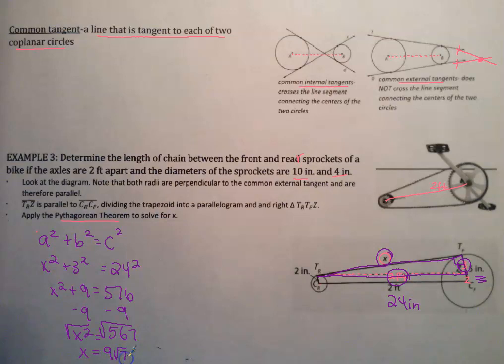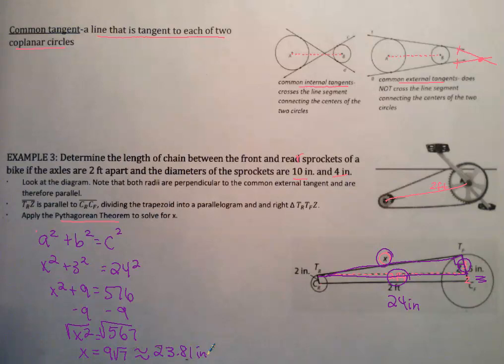So 9 times the square root of 7, which is approximately what, Caden? Give me two decimal places, right? 23.81. 23.81 inches. Okay. What did you ask me, Lucas?